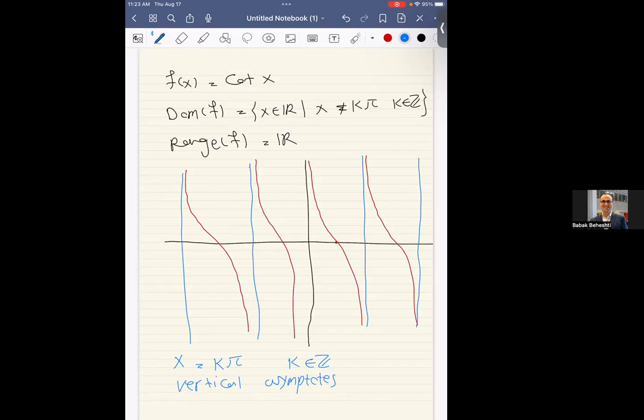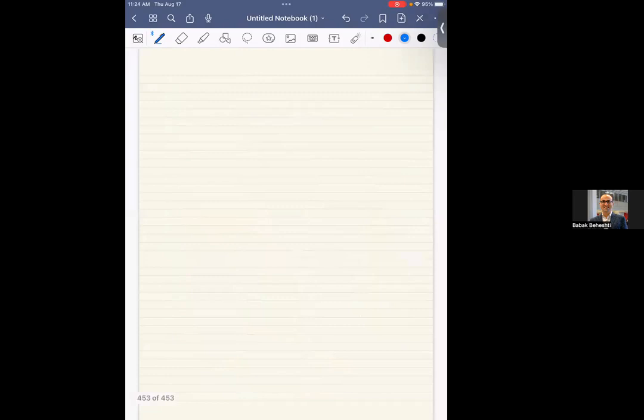It's also good to understand, look at secant. So f of x equal to secant of x. So here the domain is the same as the domain for tangent.